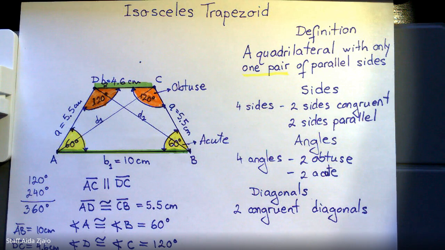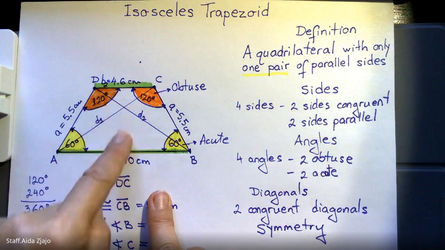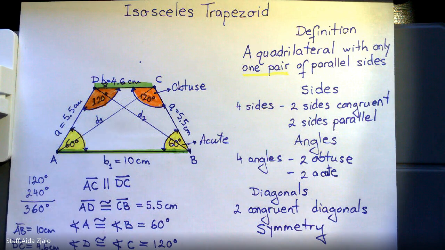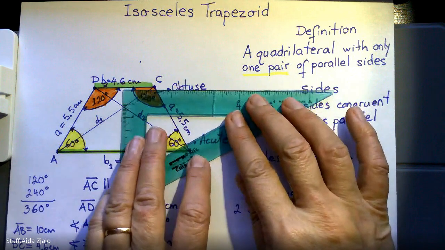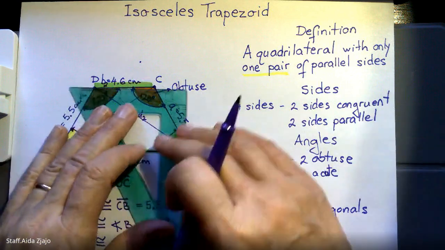Okay, we also can explore symmetry. If we explore symmetry, the line through the center could be our line of symmetry, because it will create exactly two identical parts of this trapezoid.